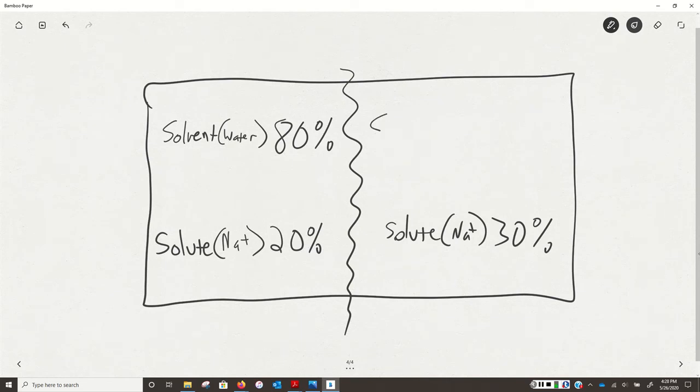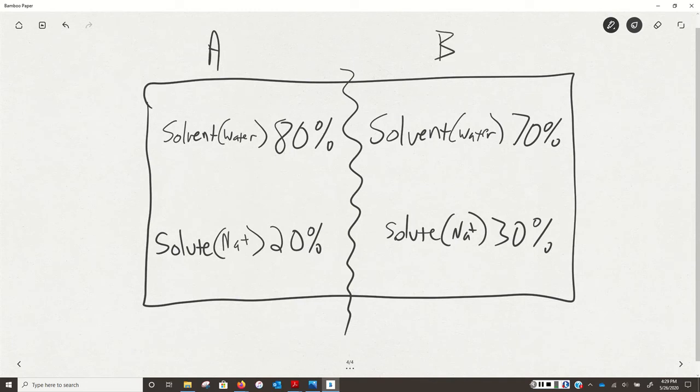Which also tells me that the solvent, water, how much water is there? 70%. Okay, so we've done that. Now let's go ahead and give these solutions a name. Let's just say the one on the left is solution A, and the one on the right is solution B.